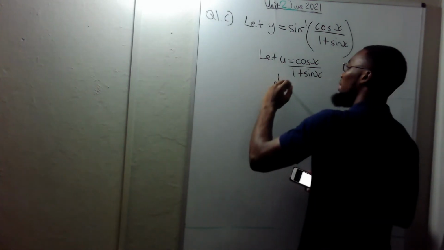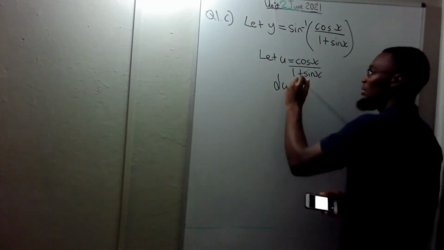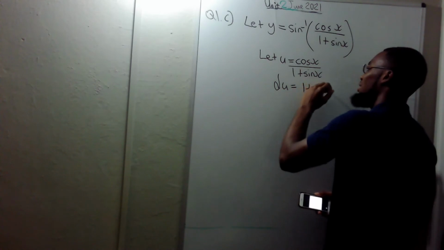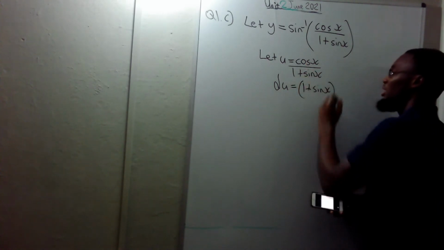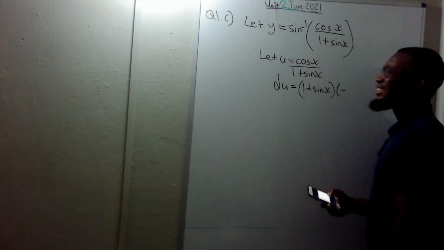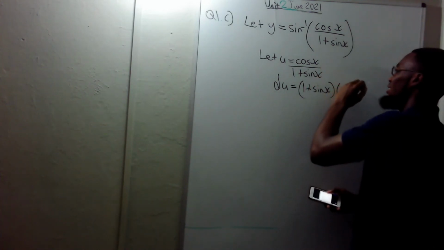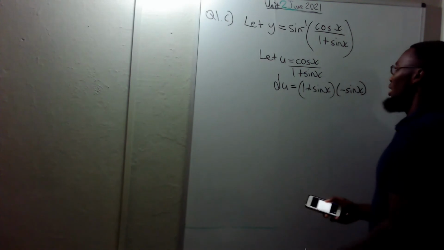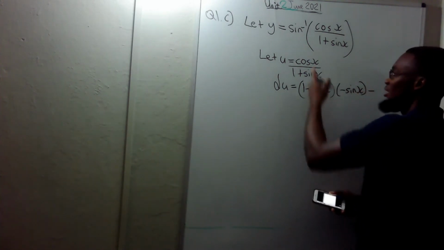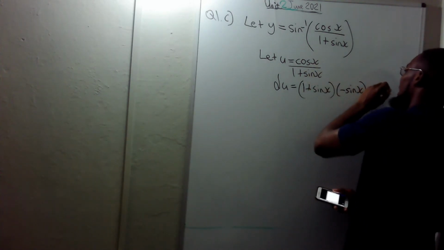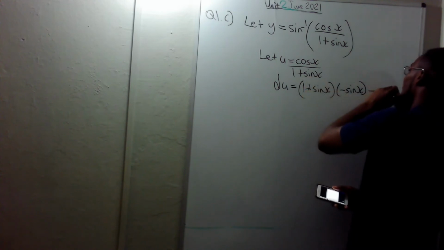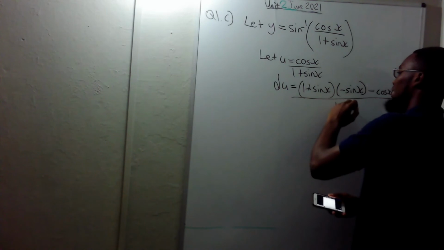So du would be equal to, you start with the bottom, 1 plus sine x times the derivative of the top. Derivative of cos x is, when you differentiate cos, you get minus sine x. Minus the top, cos x, times the derivative of the bottom, which is cos x, over the bottom squared, which is 1 plus sine x all squared.